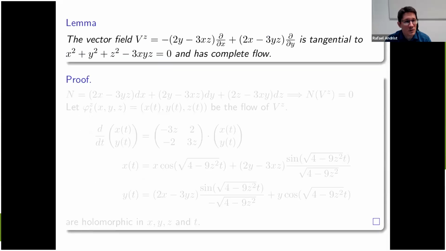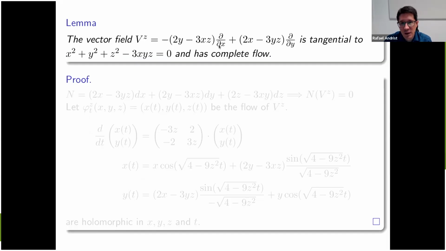So we first start right away with some computation, but the computation is relatively easy. So let's say you want to write down a vector field that is tangent to the surface. And then one of the simplest vector fields that you can write down, if it's not the zero vector field, is this one here.